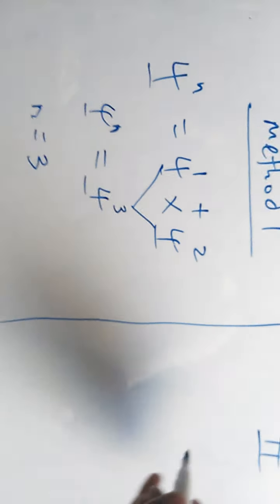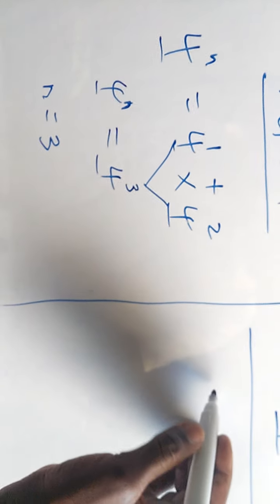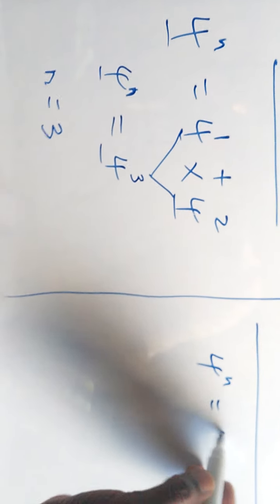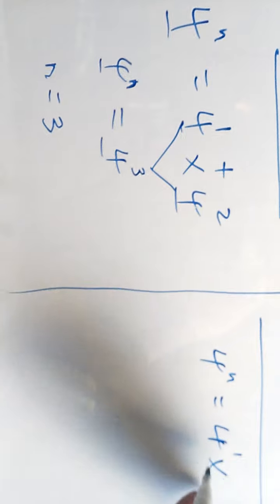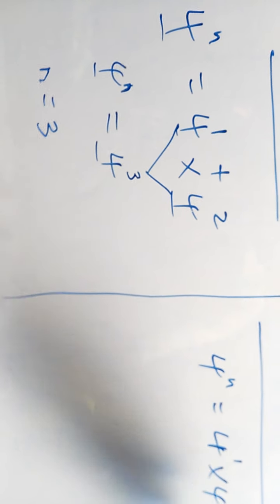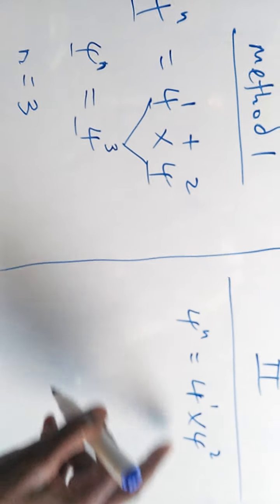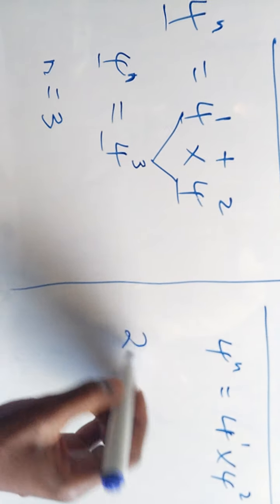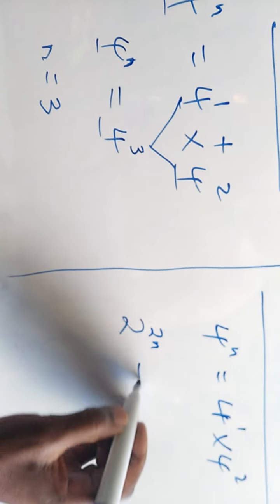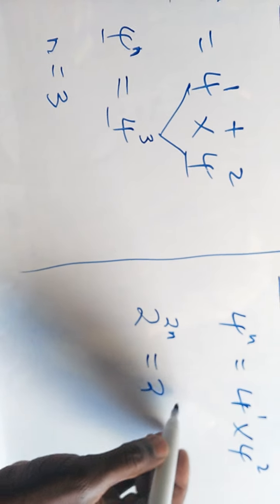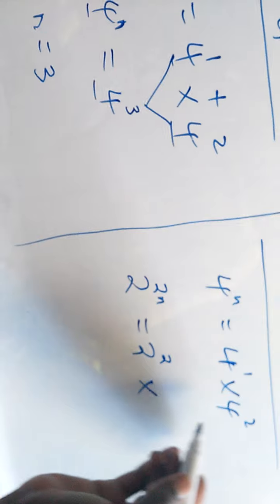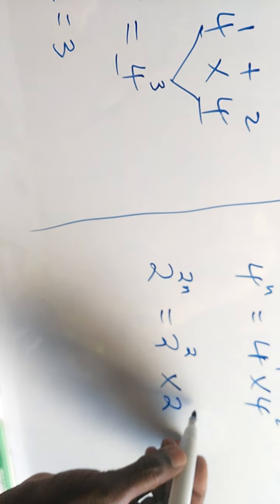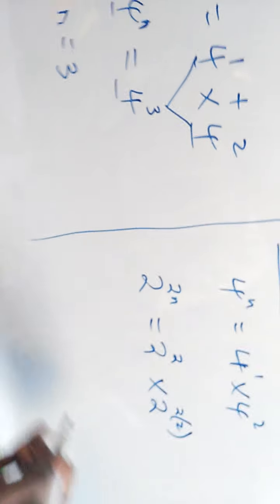For the other one, you can say, if I'm not satisfied, let me use another method. Let's get the 2's there instead of the 4's like we did. Say 2 to the power 2 gives us 4, but there's a power n there. 2 to the power 2 gives us 4. 2 to the power, already there's a 2, so it will be 2, 2 and another 2.